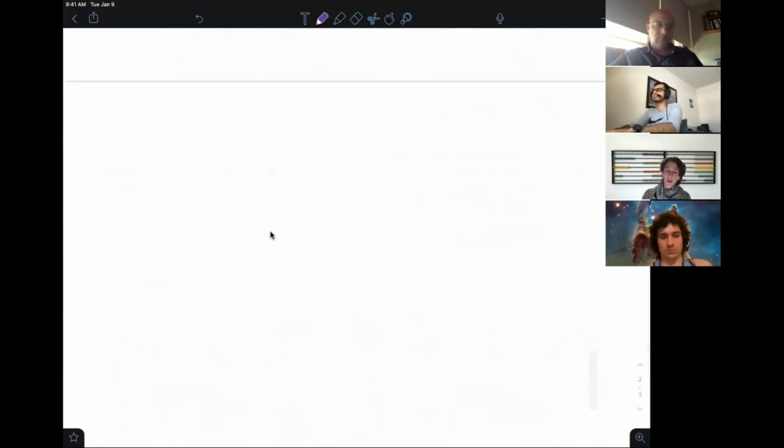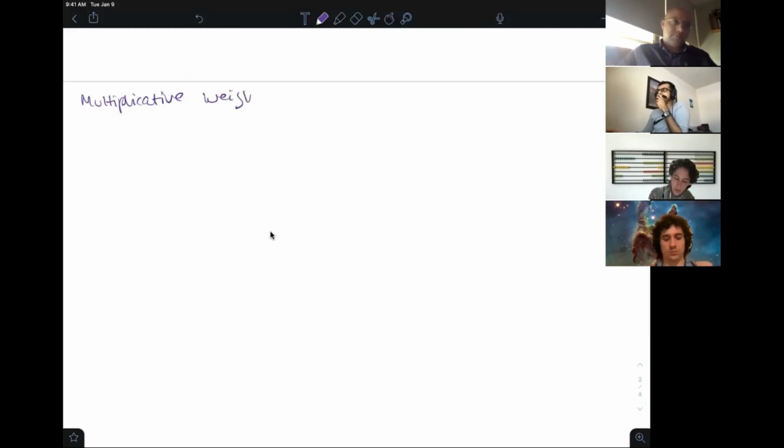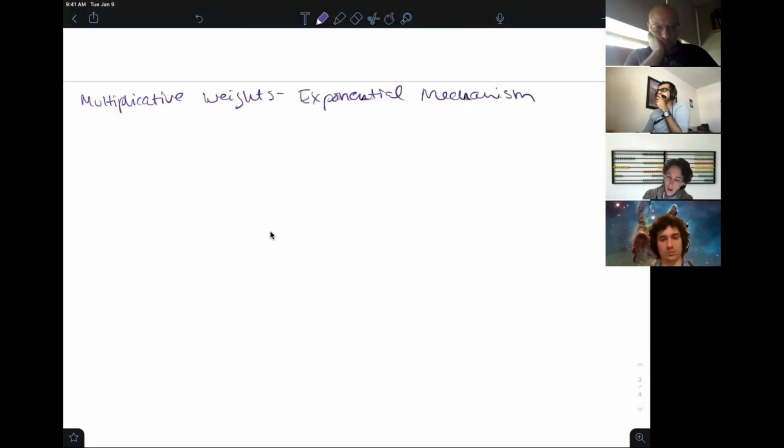The algorithm that I want to show you is the multiplicative weights exponential mechanism, or MWEM.